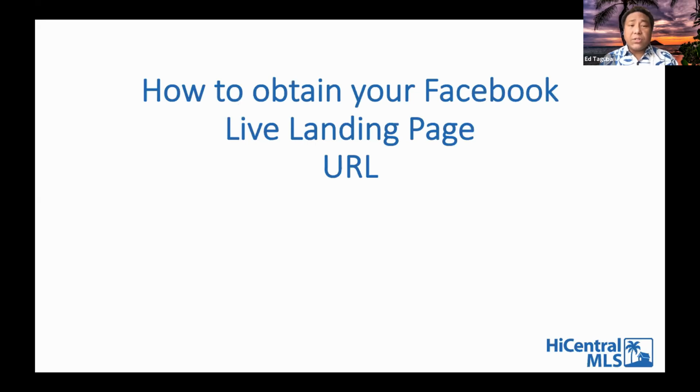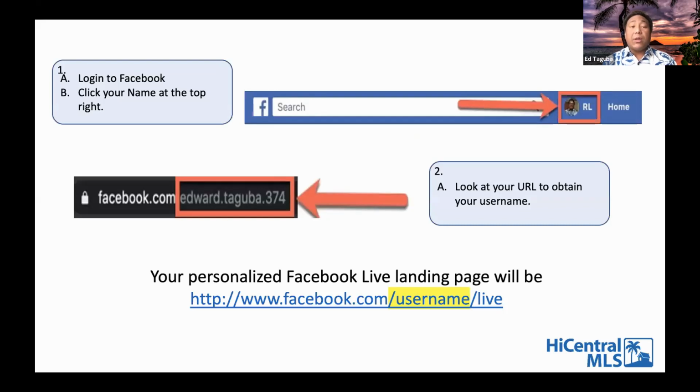And you're asking yourself, how do I obtain that landing page or website address? I know it might sound confusing, but it's pretty simple to get. You need to be on your desktop or laptop. Log into Facebook, and in the top right corner, you'll see your name or your picture.